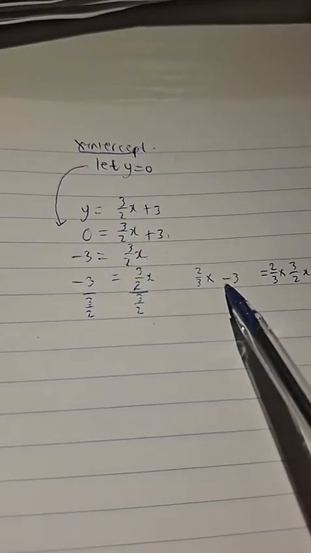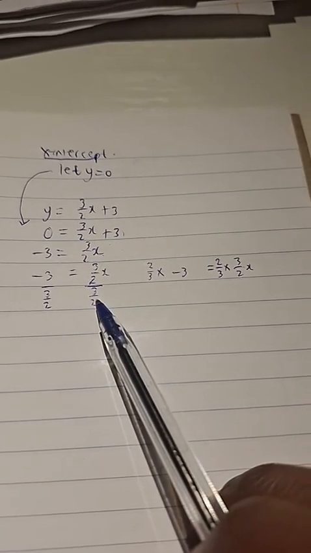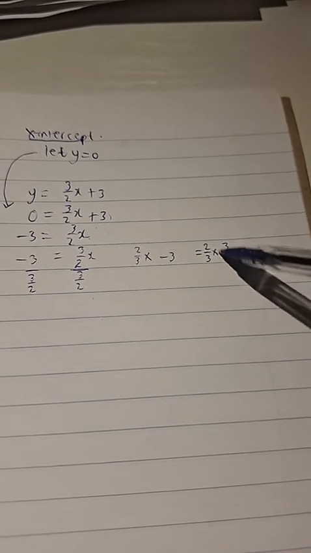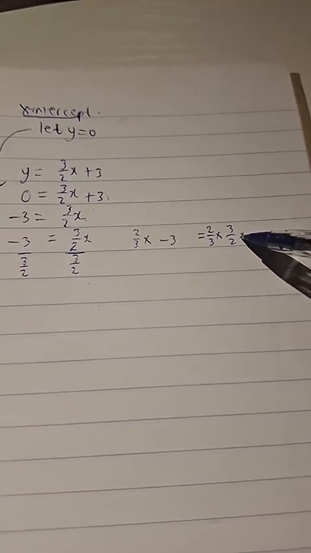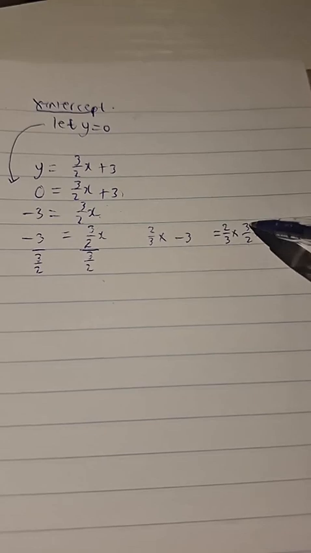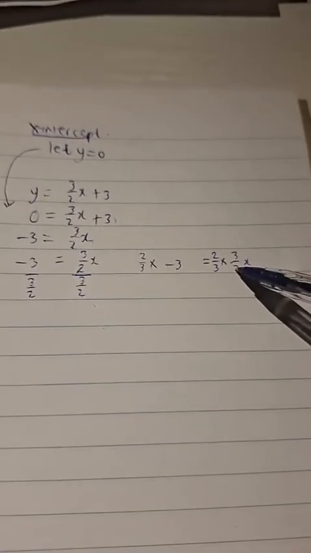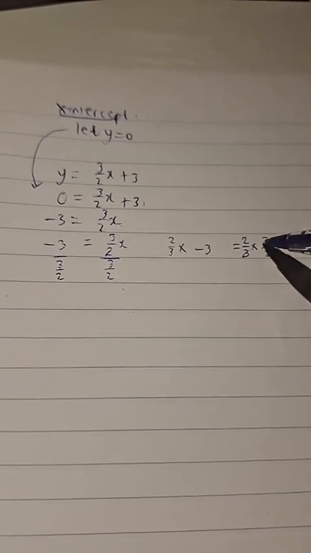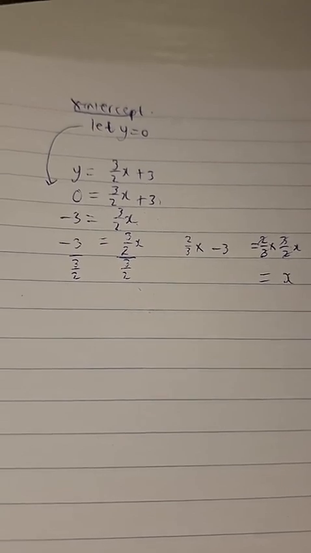Guys, doing this or doing that is the same thing. Because remember, the intention of multiplying by the reciprocal of 3/2 is that at the end of the day we want to get rid of the coefficient, which is 3/2. So 3/2 times 2/3 cancels, and we are left with 1x, which is what we want.